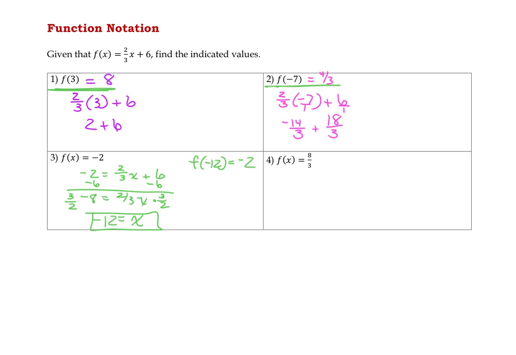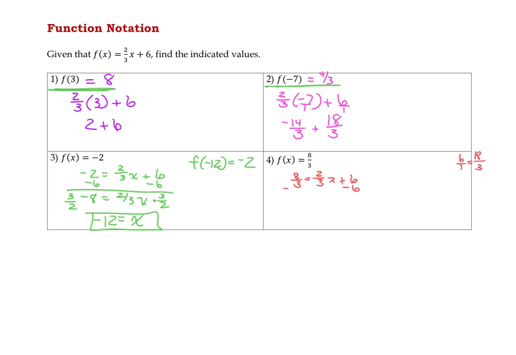Okay, so now I have f of x equals 8/3. So that is also 8/3 is equal to 2/3 x plus 6. I am going to subtract 6, and now 6 with a denominator of 3 would be 18/3.